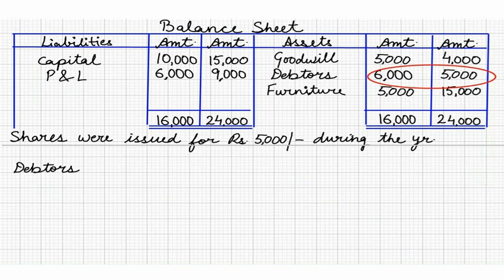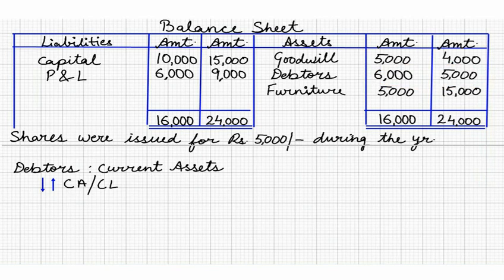Now debtors 6,000, now it is 5,000. It means the debtors are reduced. These are current assets. I have already explained that the changes in current assets and liabilities will be required at the time of calculating cash from operation. Current assets and cash from operation have an inverse, opposite relationship.